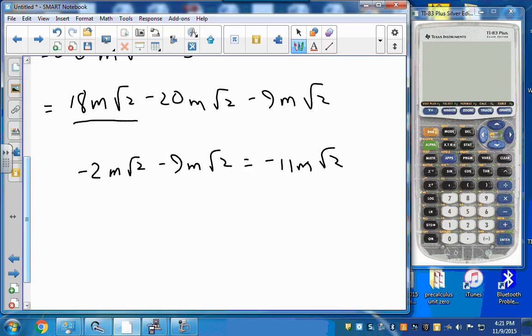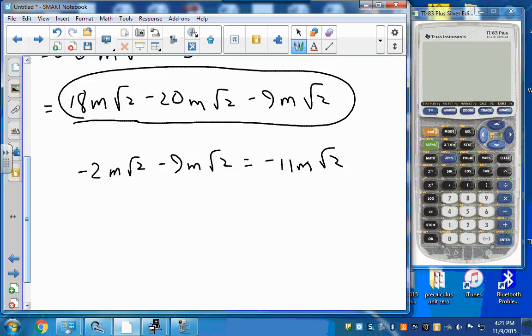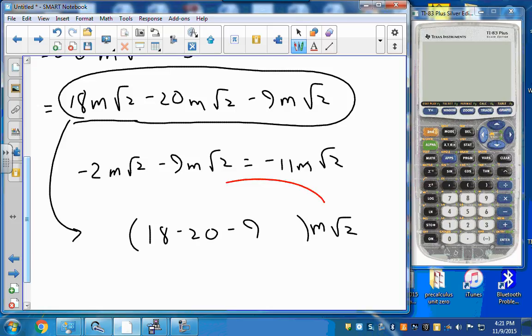Okay, if you don't like that, what you could do is look at these three terms, see what they have in common. I can take out the m square root of 2. I'll take them out the back instead of the front. And then that leaves me 18 minus 20 minus 9. Just double checking. This times 18 gives me that. This times negative 20 gives me that.